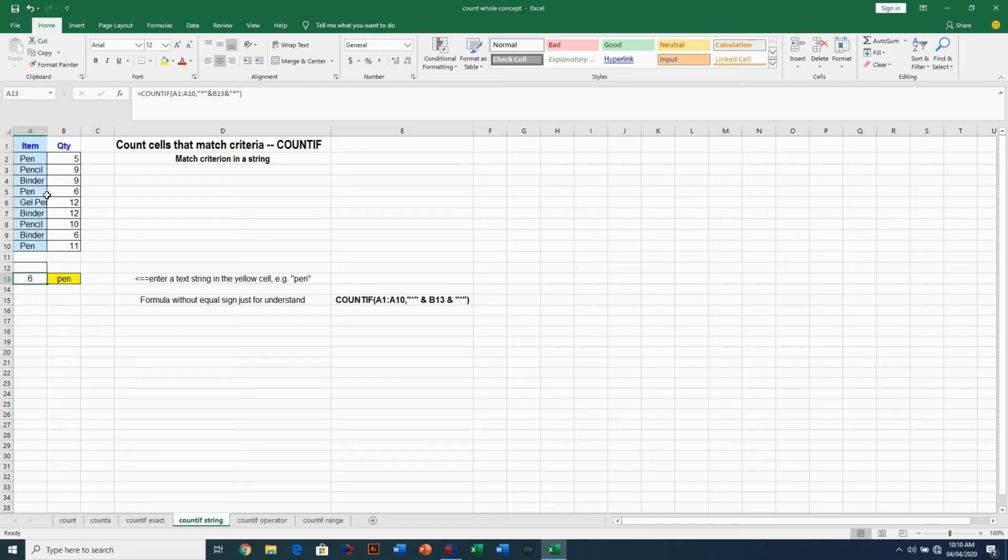This formula tells you that if I write the letter E, it will count E in all of these cells. So 1, 2, 3, 4, 5, 6, 7, 8, 9, 10. So we have E in almost every cell. So it counts 10.